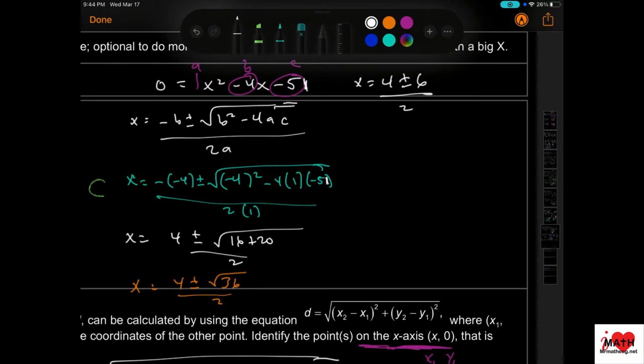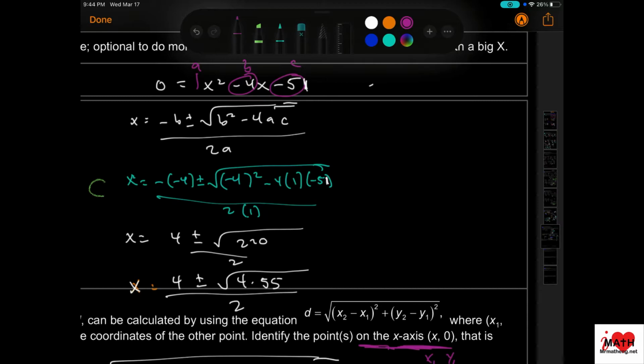Let's see, 51 times 4 gives me 204 plus 16 gives us 220. Messed up here. Okay, and let's see, 4 plus or minus these. 4 goes into 220. Let's see. 55.